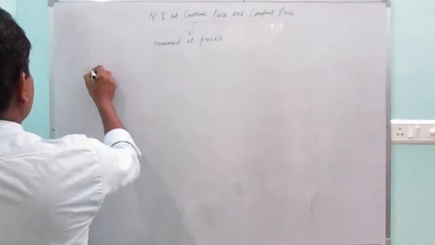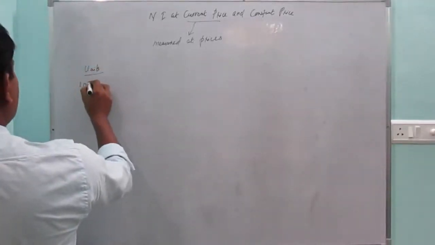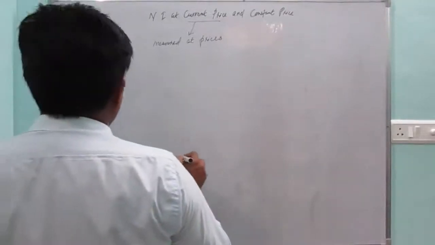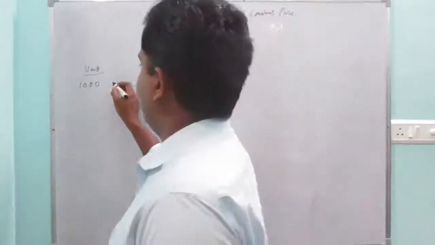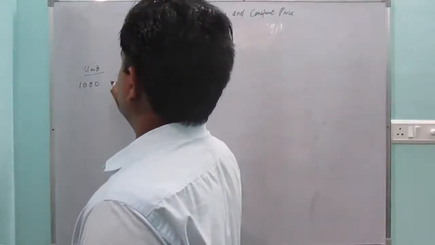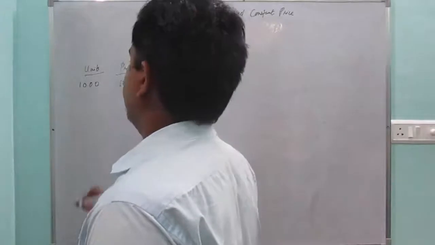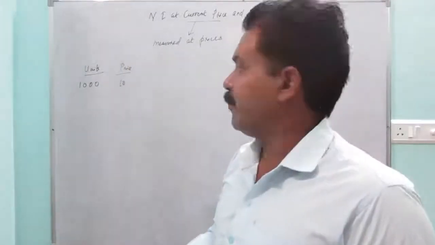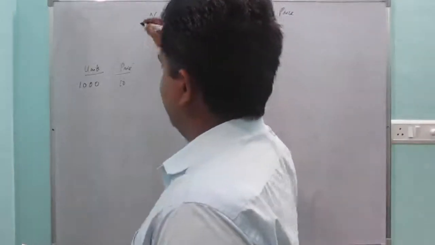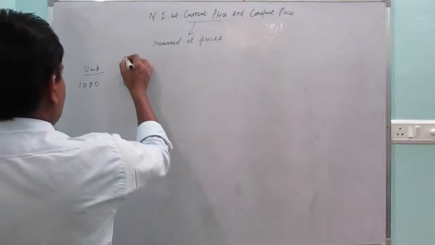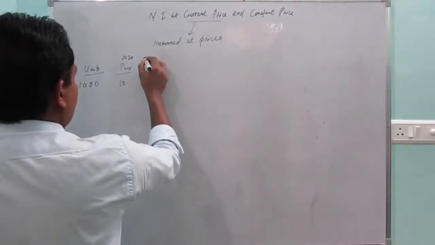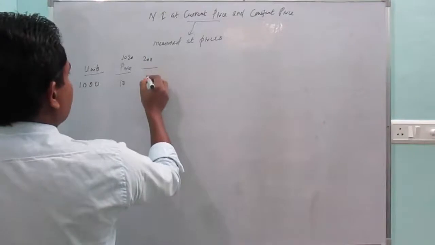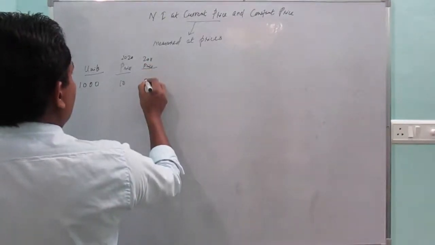The number of units is given, say 1,000 units, and then the price is given, for example 10. Imagine the present year 2020 price, and the 2011 price is 5.